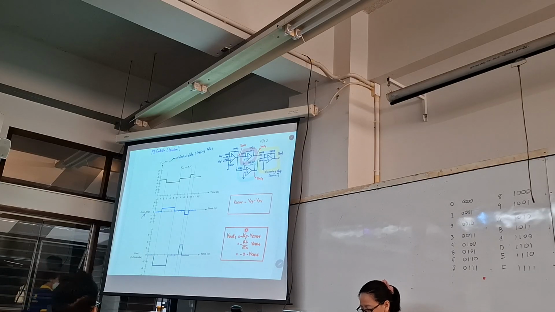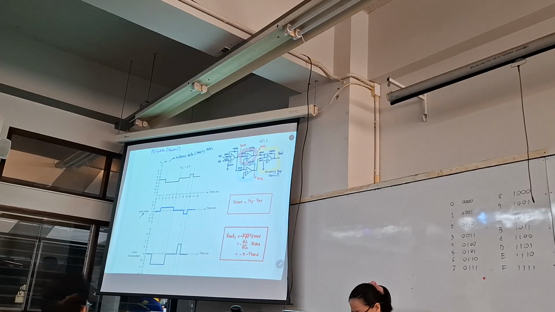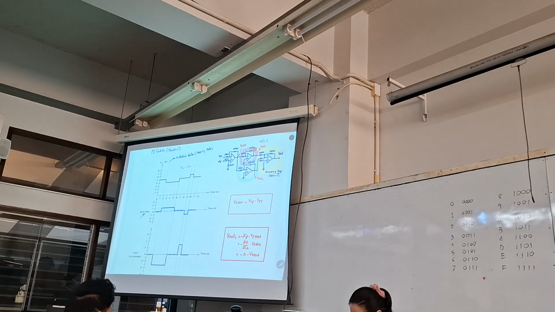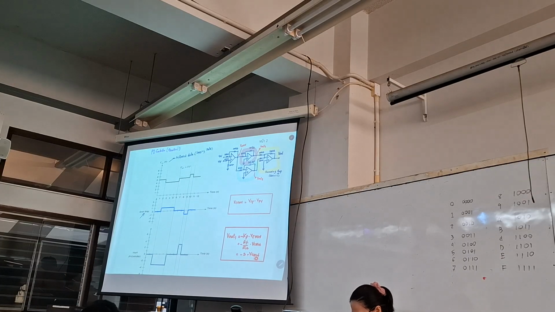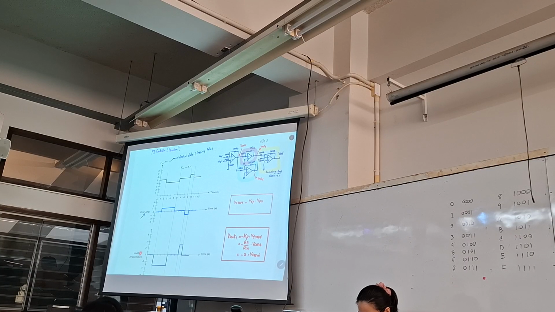Gain in the P controller is called KP. KP is equal to RF over RIN. You have 30 kilo ohm over 10 kilo ohm, then you have a gain of 3. Minus 3 multiplied with V error. Okay, that is the response of V out 1.